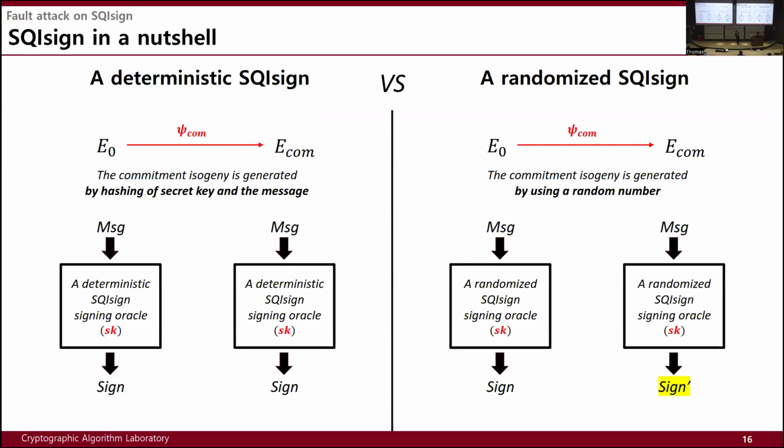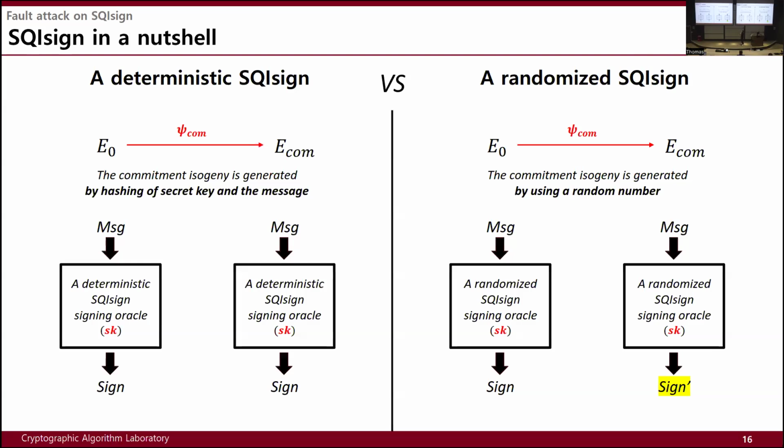Because it is the Fiat-Shamir heuristic, we can think of two types: deterministic SQISign and randomized SQISign. Actually, although the randomized SQISign is the only one described in the specification. For the deterministic SQISign, the commitment isogeny is generated by hashing the secret key and the message, which means that when we query the oracle several times with the same message, it generates the same signatures.